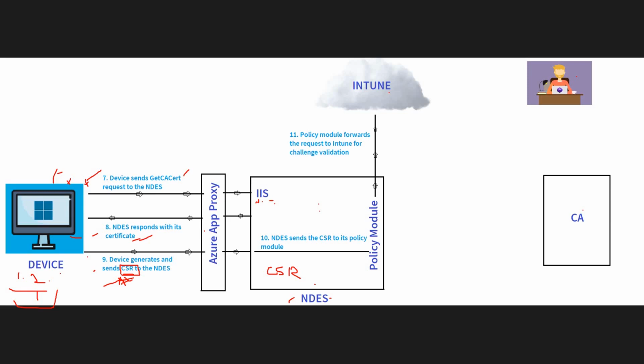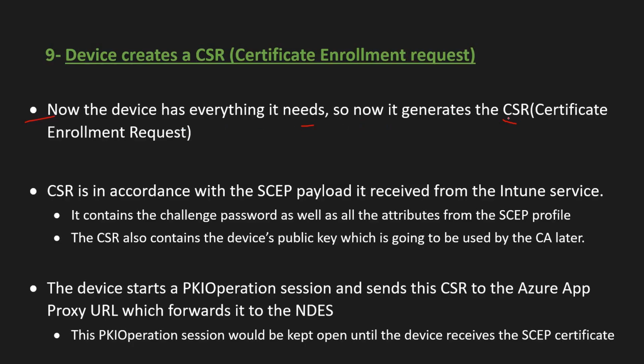Okay, now let's take a look at what is happening in step 9 and what exactly a CSR is. So now the device has everything it needs, so it can generate a CSR, or a certificate enrollment request. This CSR is the actual request from the device to the NDES, wherein the device is saying, you know what? Please reach out to the CA on my behalf and get me a certificate. When the device is requesting the certificate by using the CSR, it needs to provide a bunch of information, because only then will the NDES and the CA be able to process it.